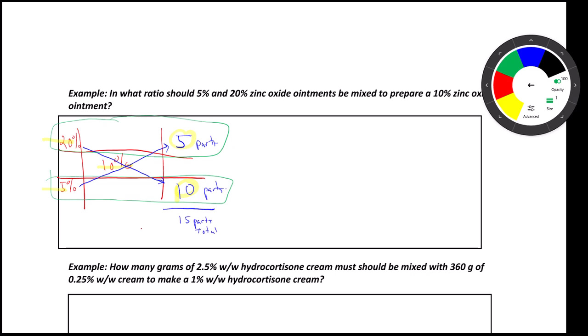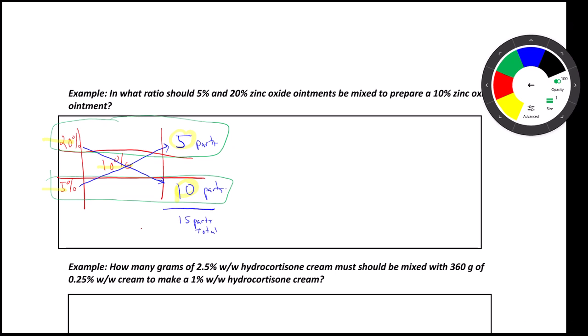So if I said for you to mix and make 15 grams of a 10% zinc oxide, you would mix 5 grams of the 20% with 10 grams of the 5%, and you would get an answer of 15 grams total. Now the question did say, what is the ratio of these two?